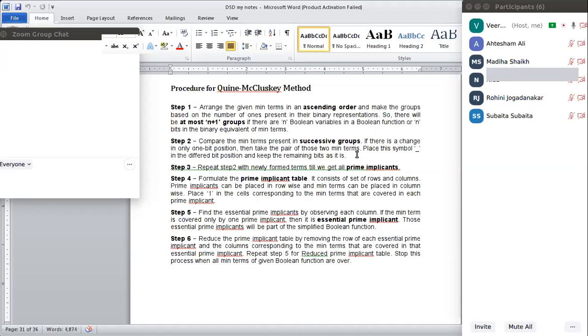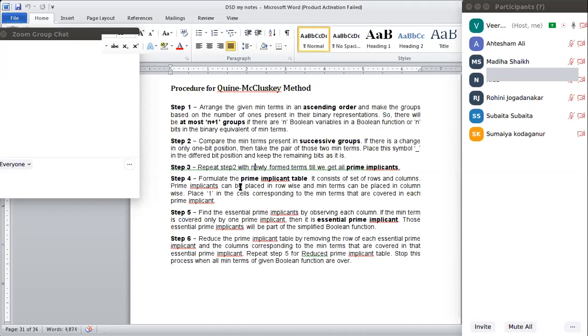So we take these two minterms and make another group, that is step 2. Wherever the single value differs, there we place a minus symbol. Then again the same thing is continued with each successive group for the third step.